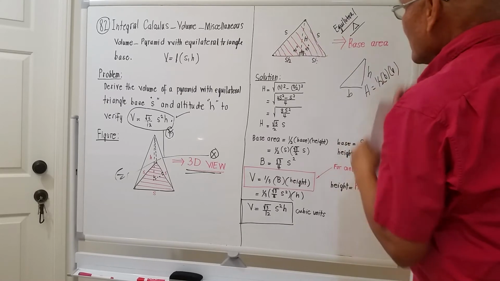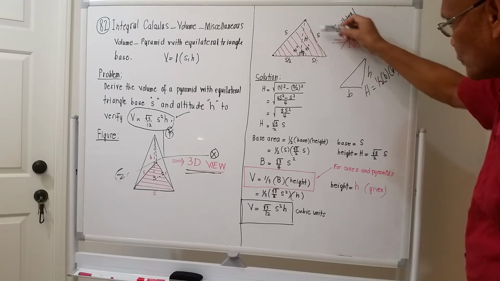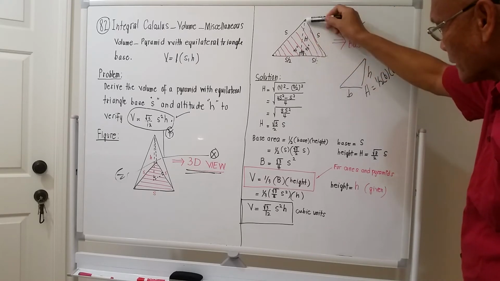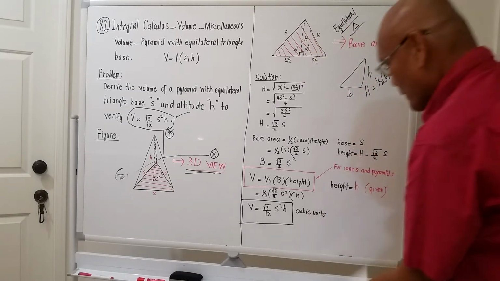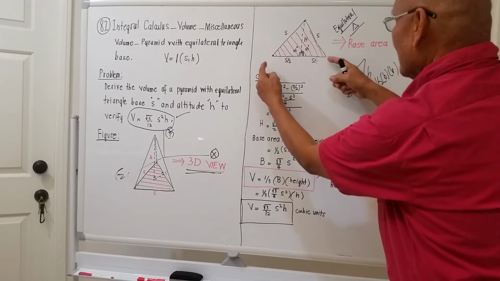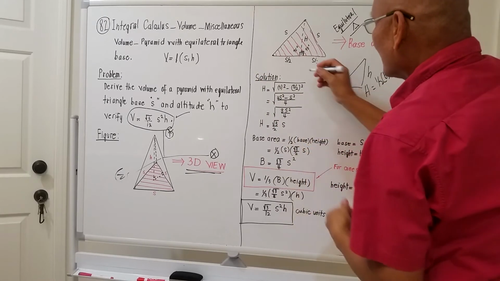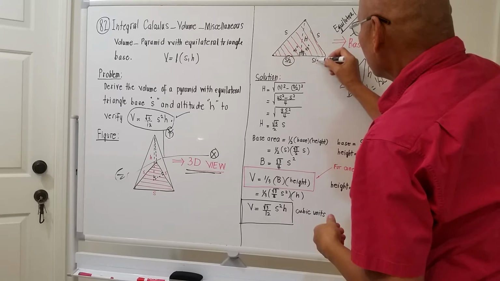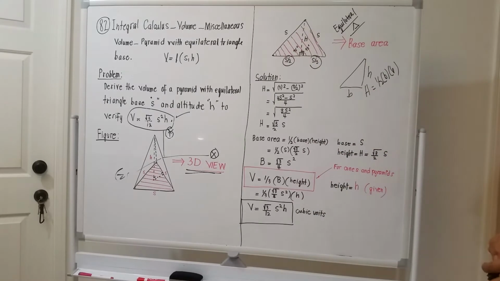And the adjacent side, since the triangle is equilateral, if we try to drop a vertical line over here, this should be the midpoint. So if this is S, and this is the midpoint, actually this is S over 2, and the other half will also be S over 2. It's symmetrical.